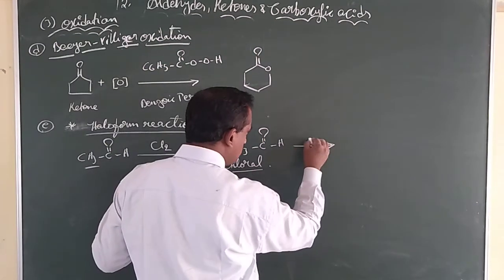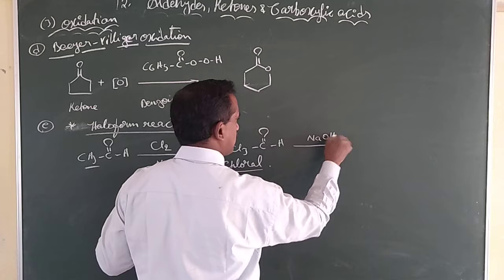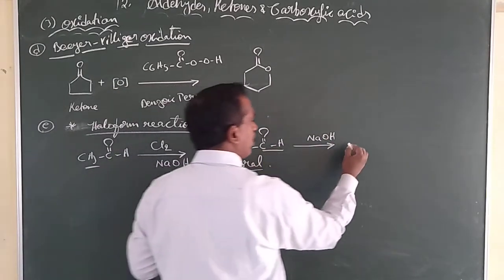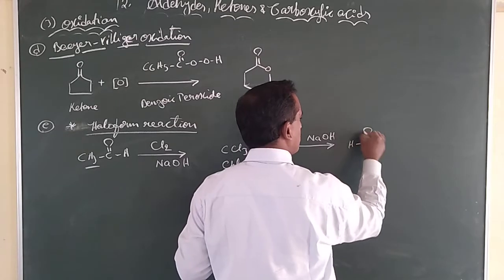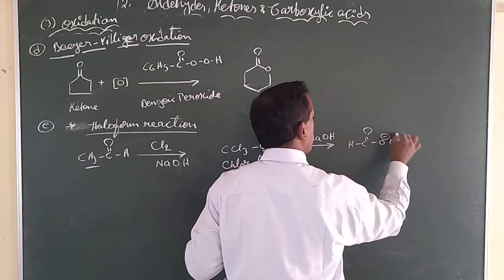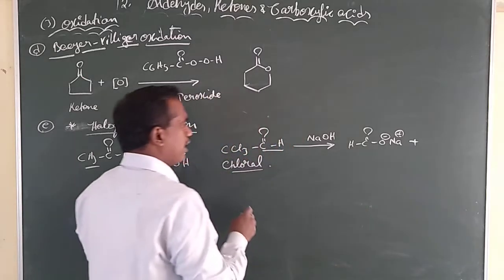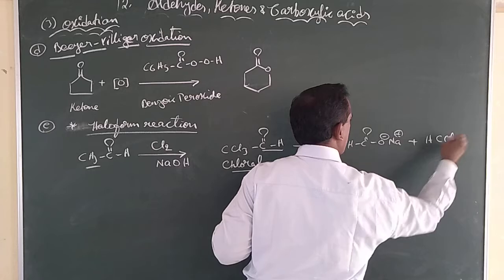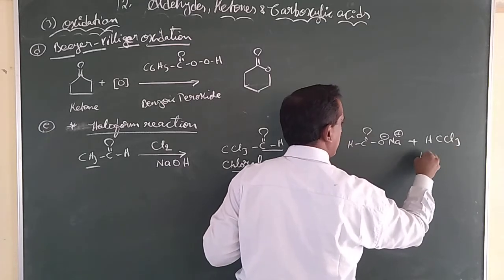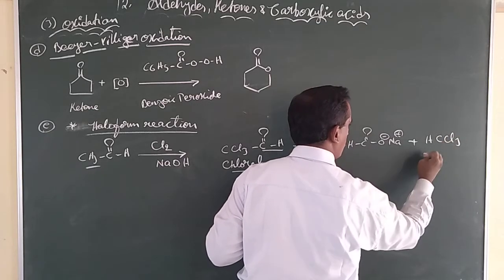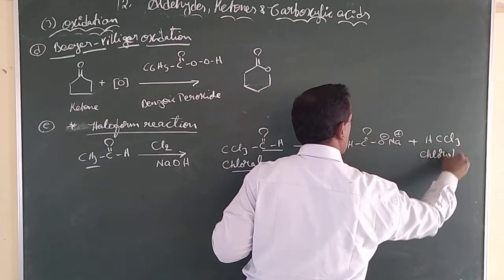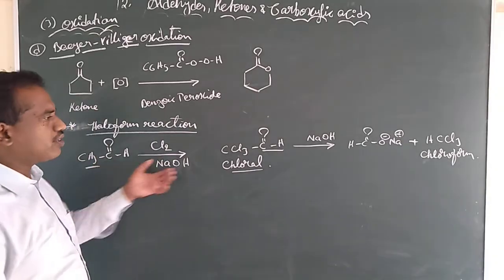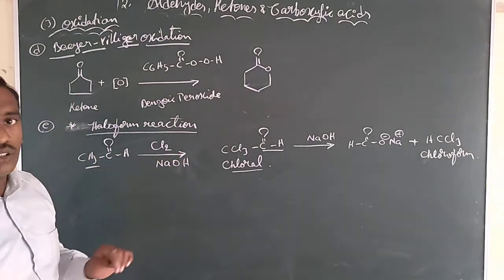On further reaction with the base, this part will form a sodium salt of carboxylic acid. Then it is forming CHCl3, that is, chloroform. We can call it chloroform. So here, to the reactant one oxygen was added and it is an oxidation reaction.